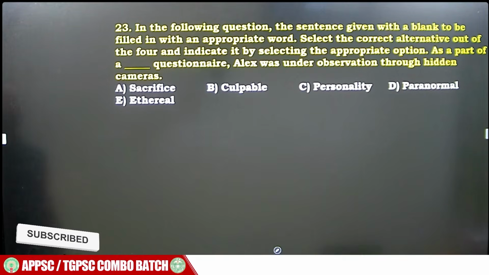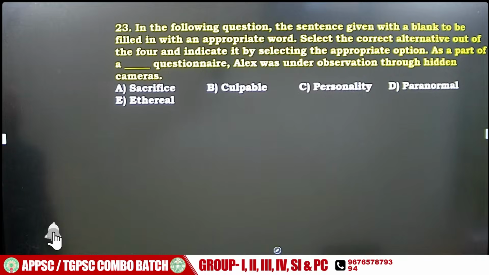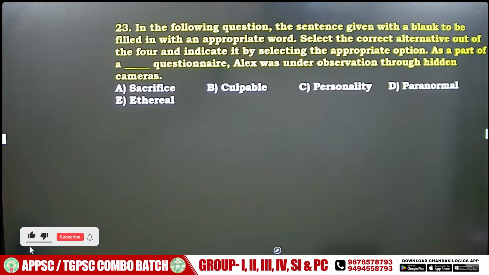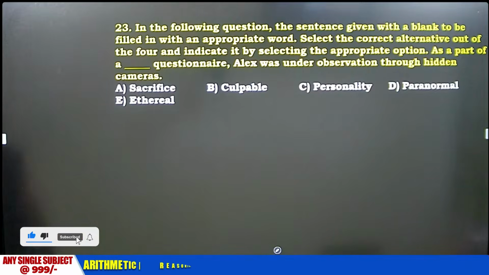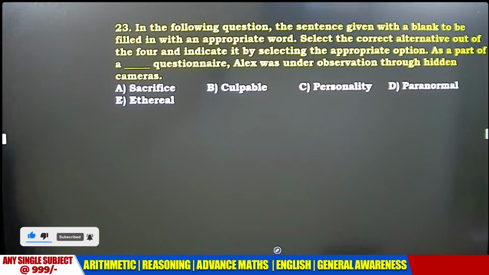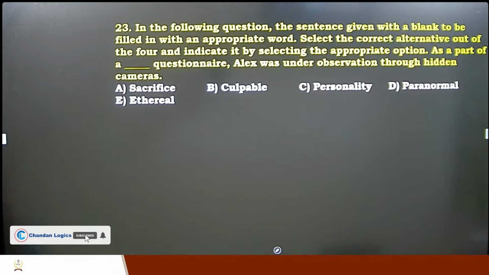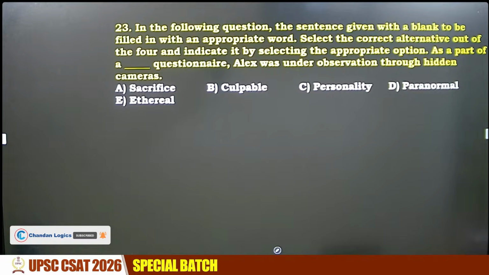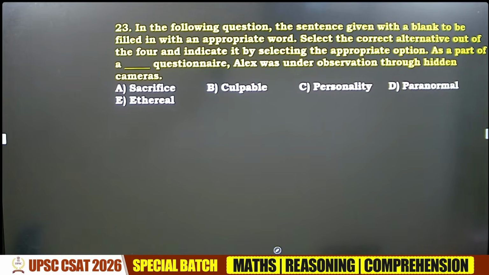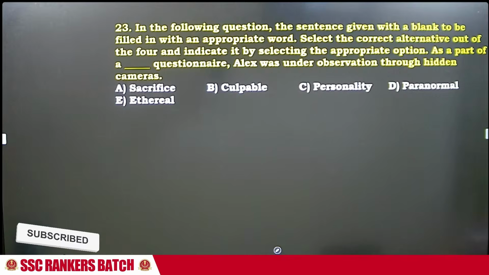As a part of a personality questionnaire, Alex was under observation through hidden cameras. So if a person is under observation, what does that mean?